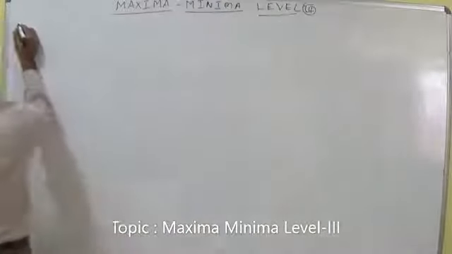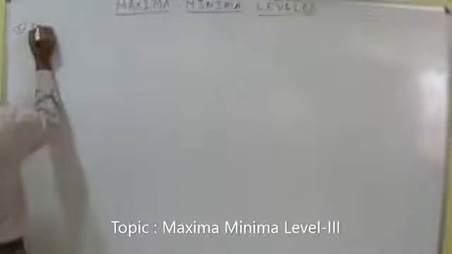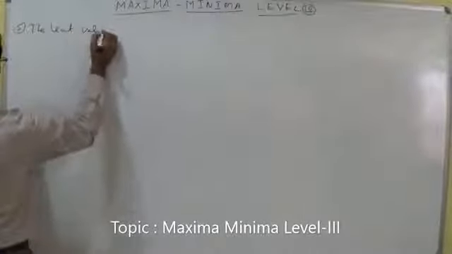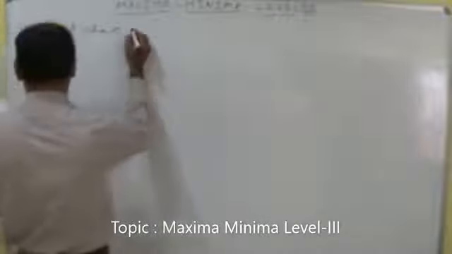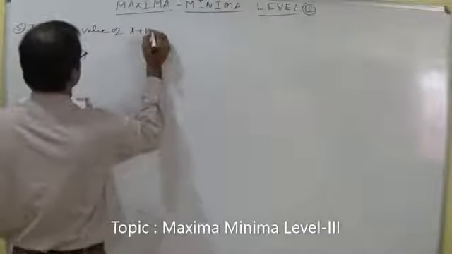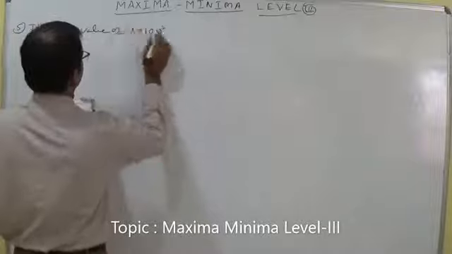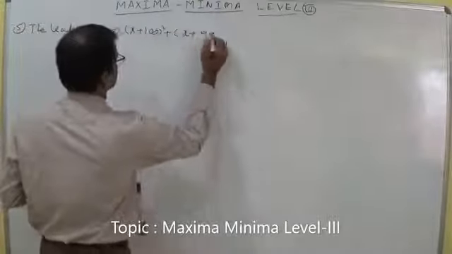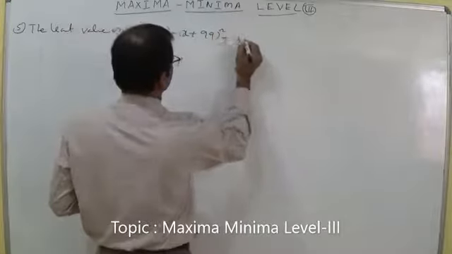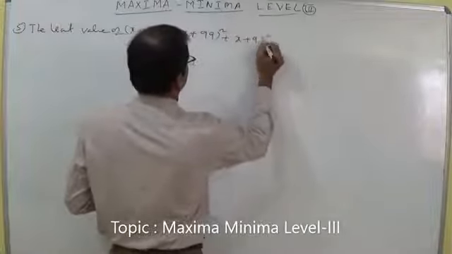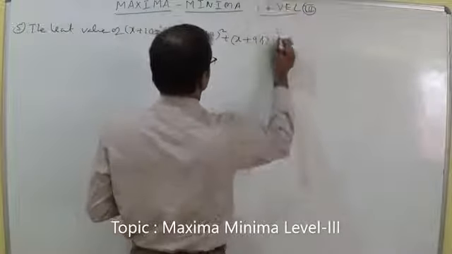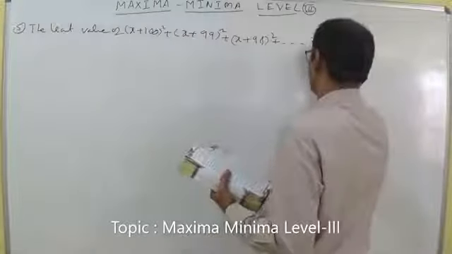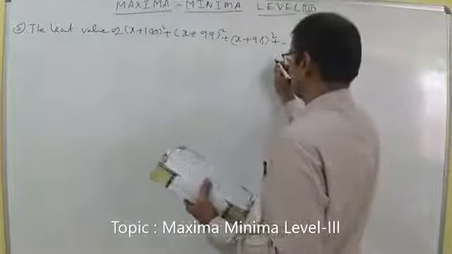5th question. The least value of (x plus 100) whole square, plus (x plus 99) whole square, plus (x plus 98) whole square, plus so on, x square, plus so on.